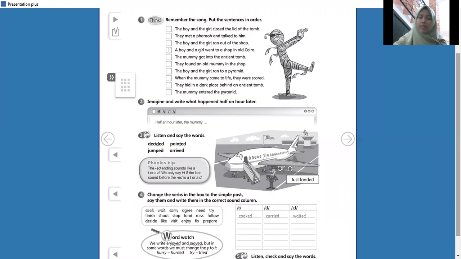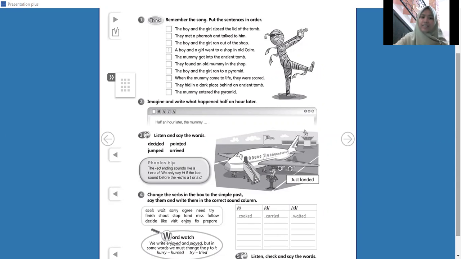And as mentioned before, Ustaz already told you that you have to write the pronunciation for the end of the letter, for example, P or T. Do you still remember?